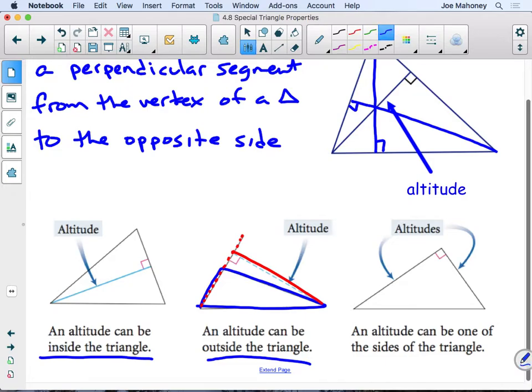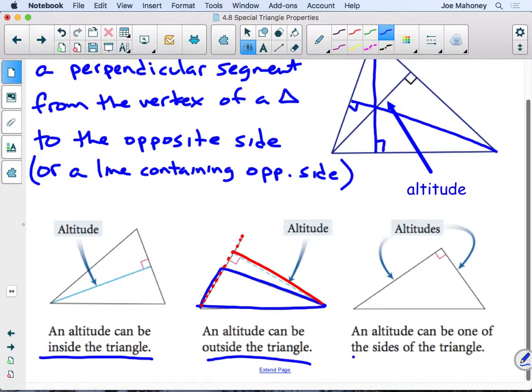So I'm going to say that it goes to the opposite side, or a line that contains the opposite side. I'm going to amend that definition a little bit. And in some triangles, the altitude is one of the sides of the triangle. Pretty neat.